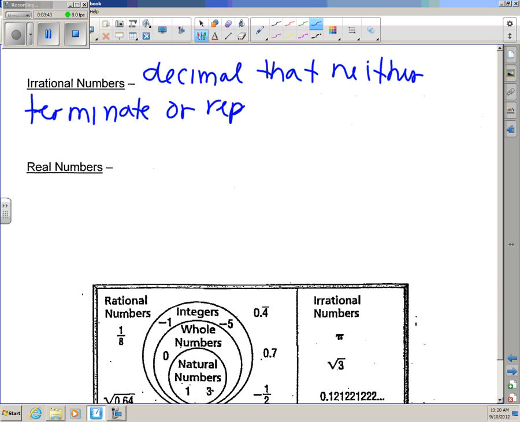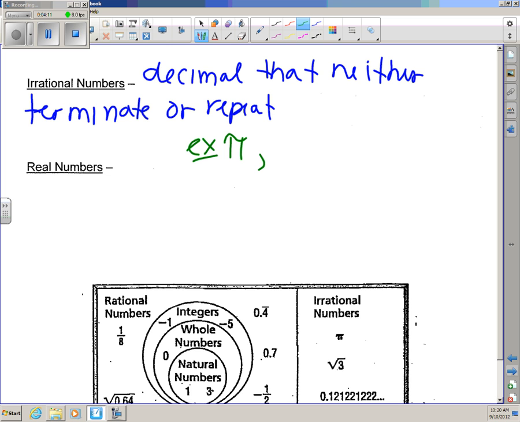When we think about irrational numbers, we tend to think about numbers like pi. So the symbol for pi. Pi is a number that goes on forever and ever and never ends and never repeats. We might terminate it to 3.14, but that's not what pi is. Other irrational numbers are square roots that are not perfect squares.